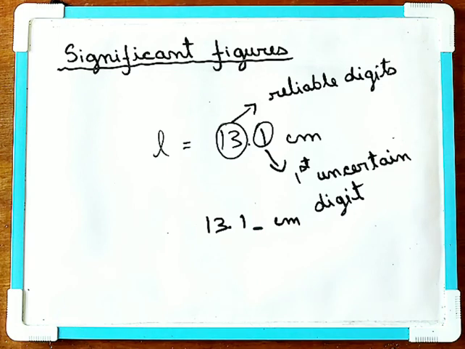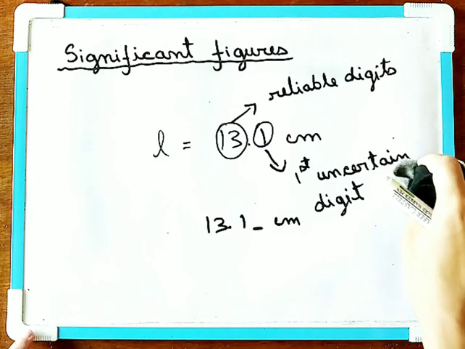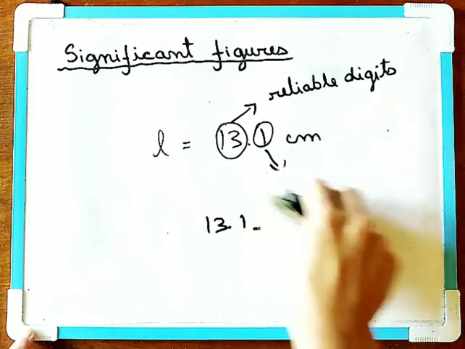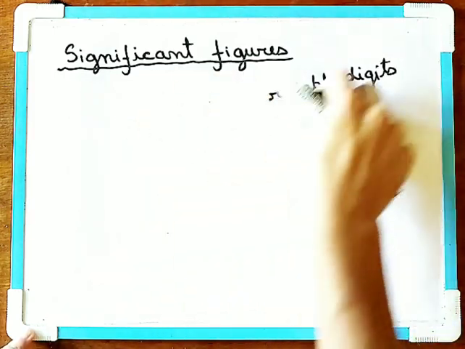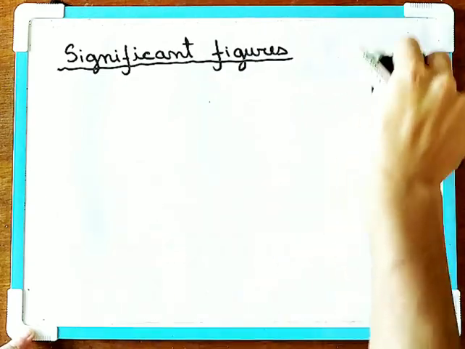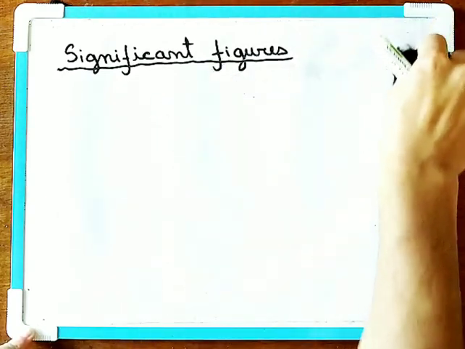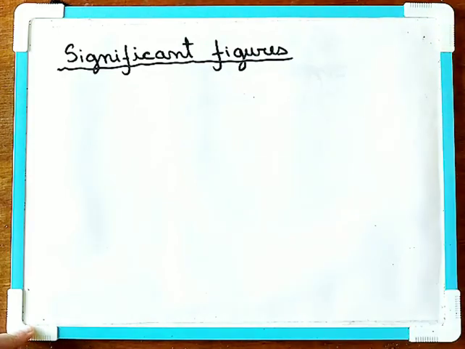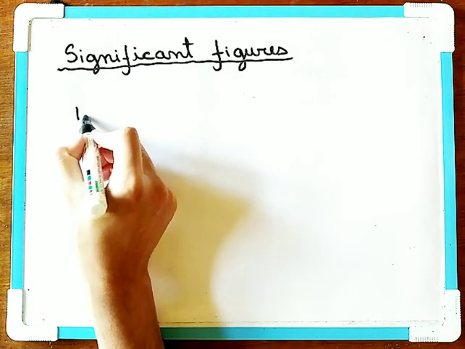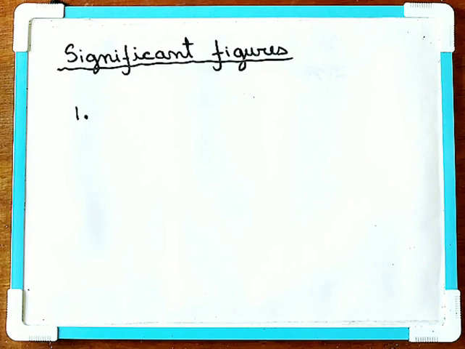Now there are rules concerning significant figures, how to determine them. These are the rules in determining the number of significant figures. The first rule is that all the non-zero digits are significant.